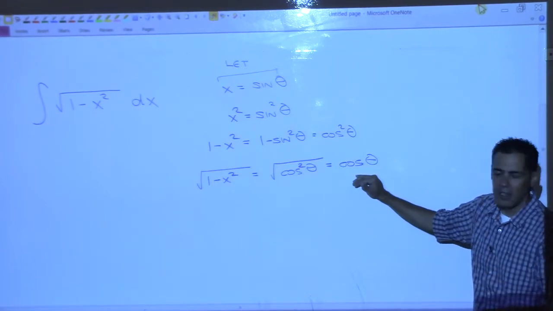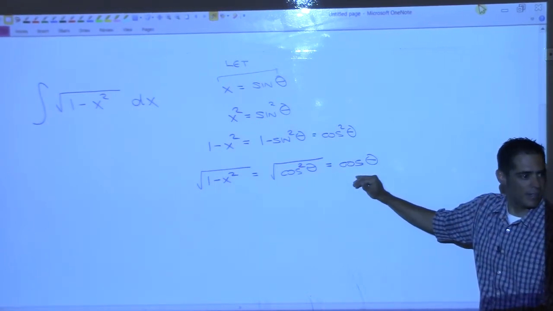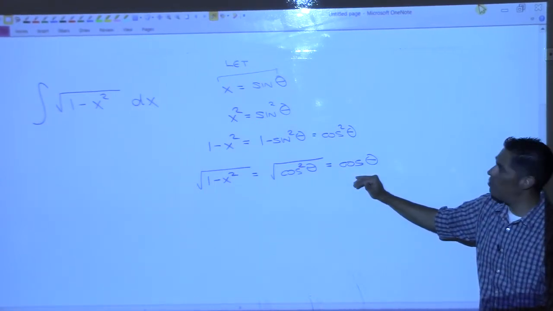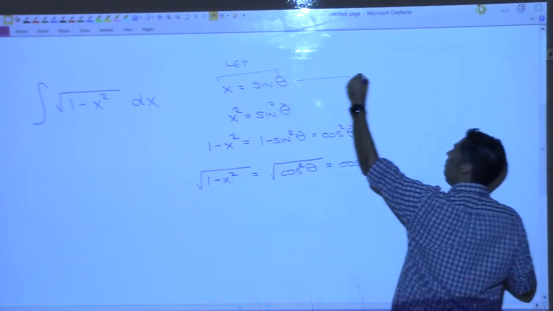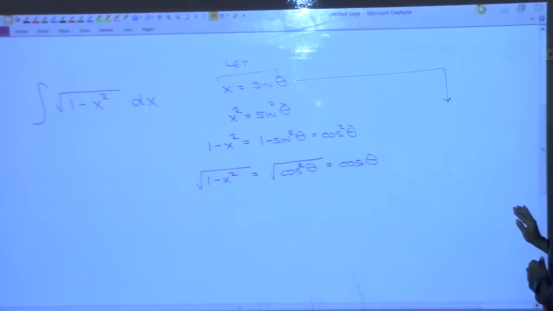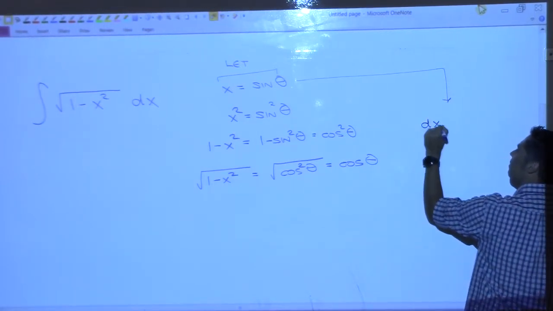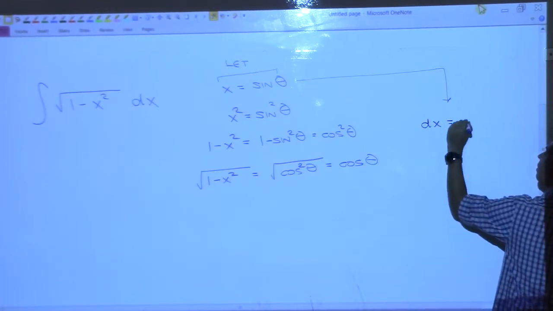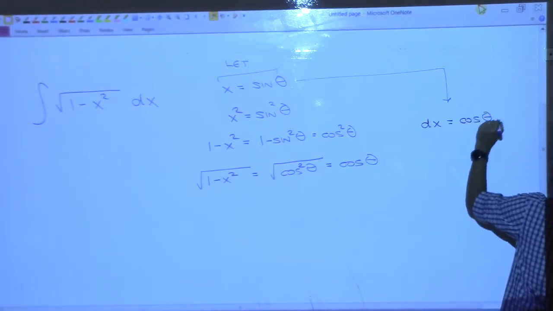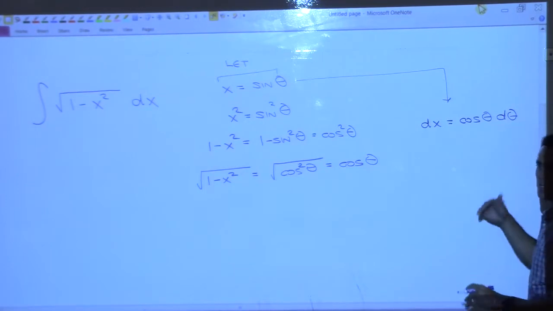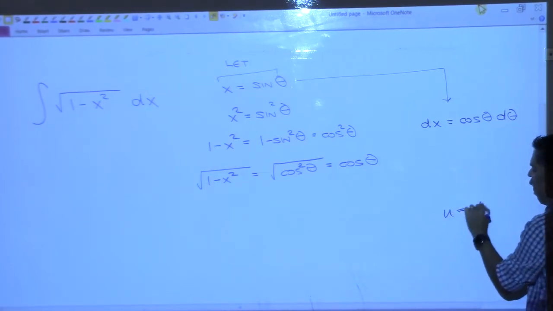But there's one thing I haven't addressed. The dx. Okay, well, if this is x, then can't I just take the derivative on both sides? So what's the derivative of the left side of that? dx, right? What's the derivative of the right side? Cosine theta d theta. So this is kind of like what we were doing earlier when we had u was like x squared.